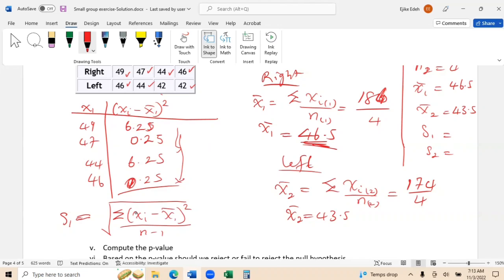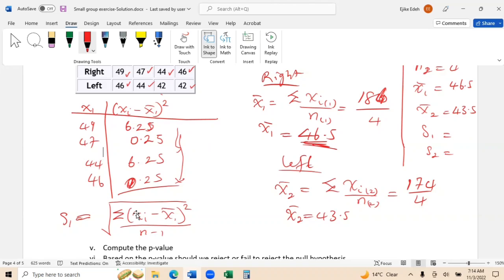6.25 plus 0.25 plus 6.25 again, plus 0.25 again. That gives us 13. Let me repeat that just to be sure. 6.25 plus 0.25 plus another 0.25 plus 6.25 gives us 13.